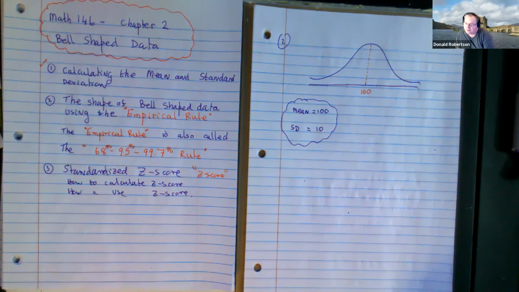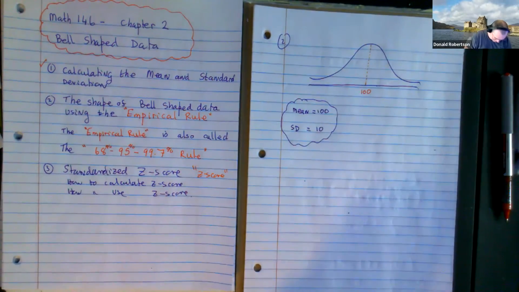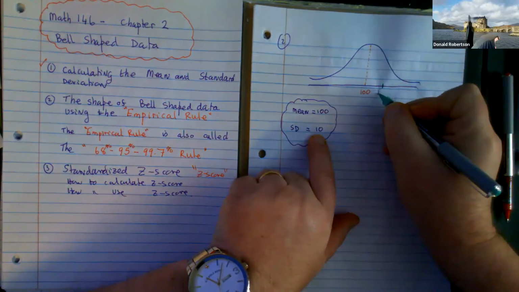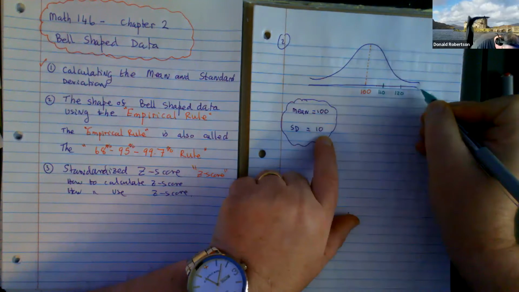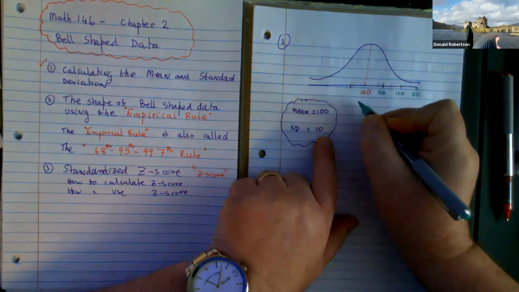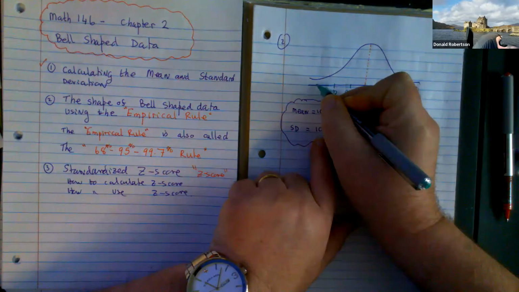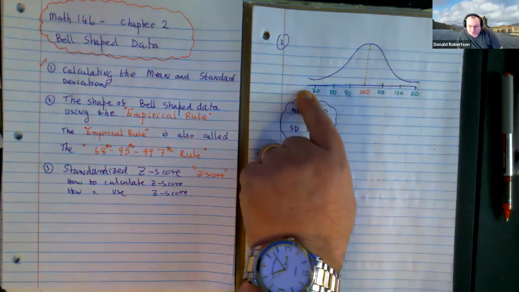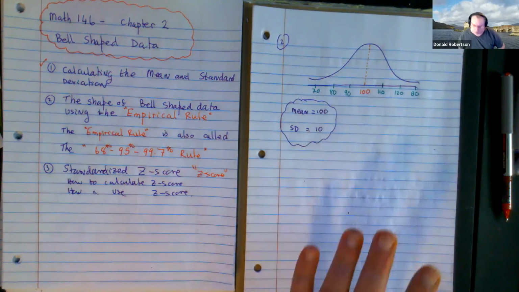Right in the center. What you might not have realized is this. If you go one standard deviation, which in this case is 10, so if you go 110, then another one which is 120, and then one more, 130, and then you go back one, so that's 90, another standard deviation back is 80, and one more is 70, right? You will make basically the range of values that almost all your data will lie.